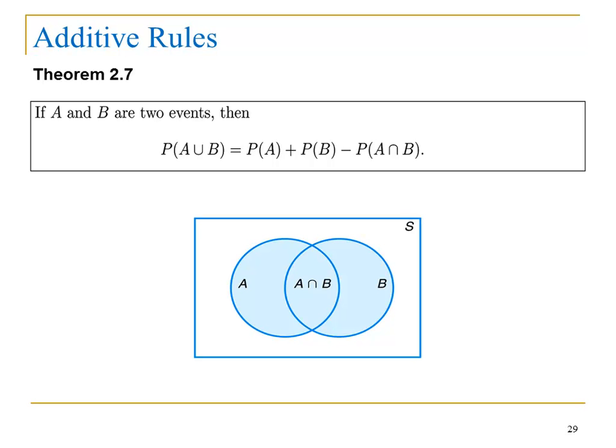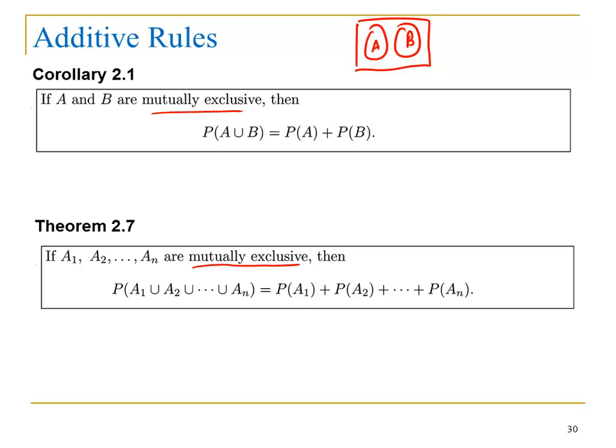So if you have some overlapping, you need to account for that overlapping by subtracting once the intersection of the two events. But you know that when you have mutually exclusive events, you don't have to account for the intersection because those events do not overlap. So in such a case, just add the probability of both events.